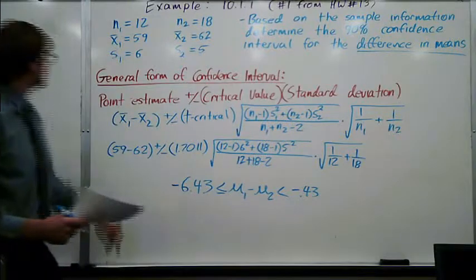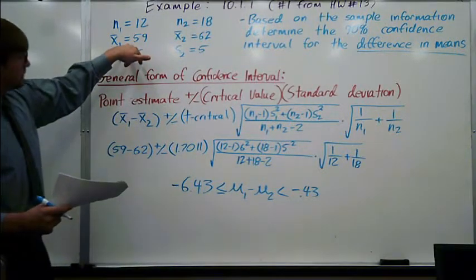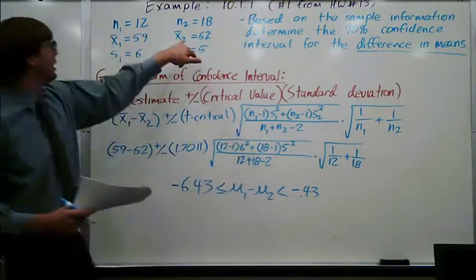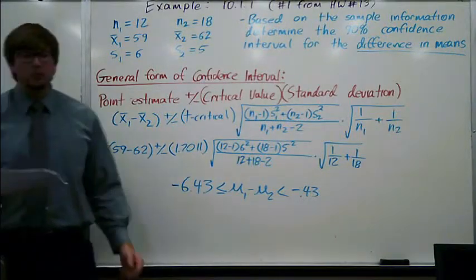Or basically, population 1 is between 6.43 and 0.43 units lower than population 2. And bam, we got it.